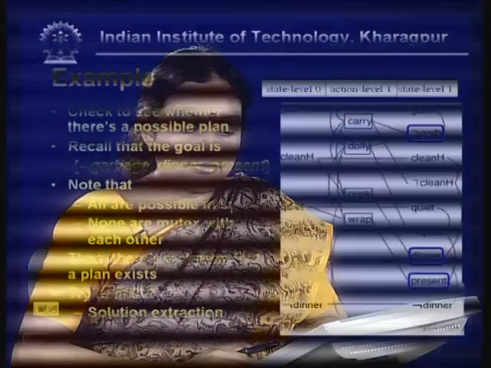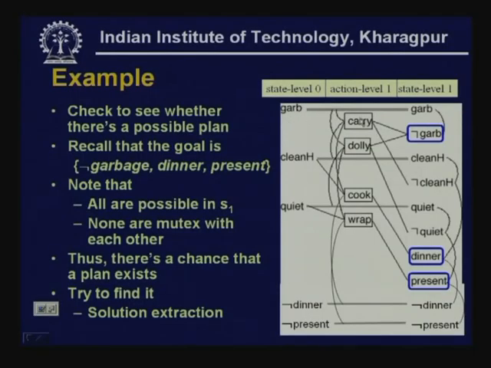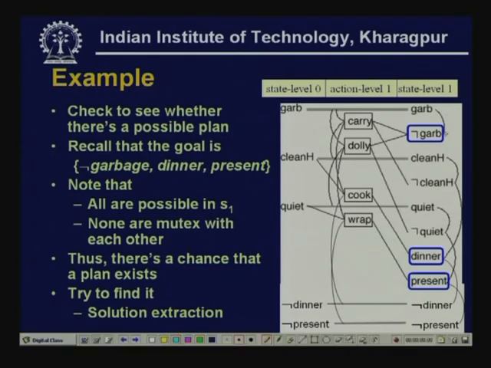Now, once we have this planning graph where we have state level 0, action level 1 and state level 1, we need to check whether there is a possible plan of length 1 through this planning graph. So, the goal is not garbage, dinner and present.